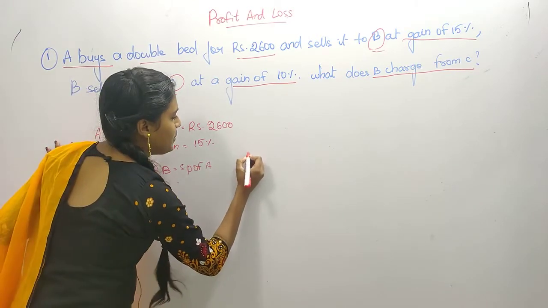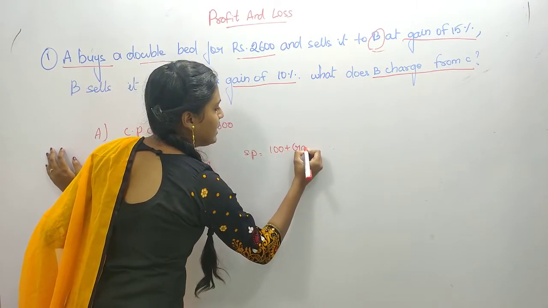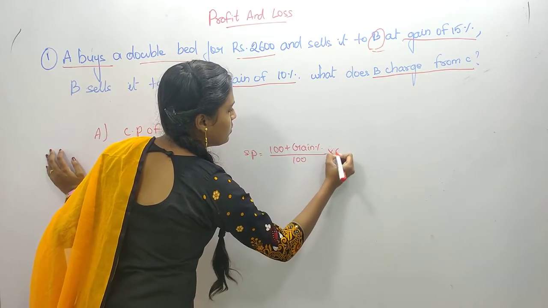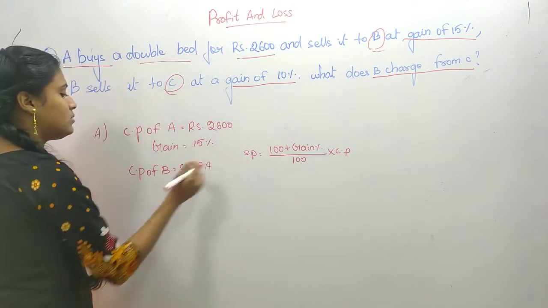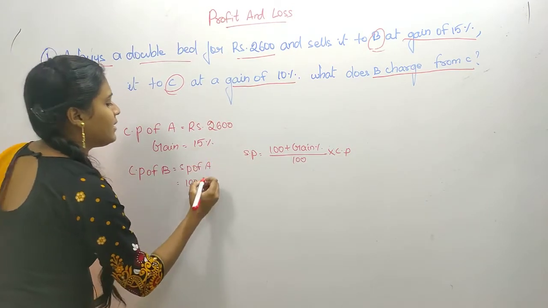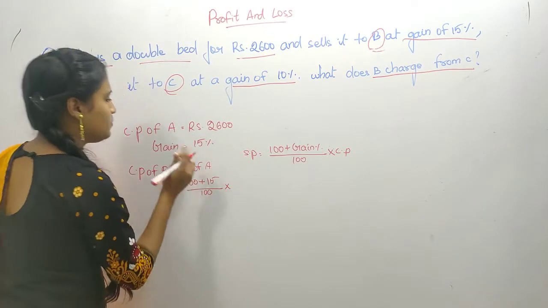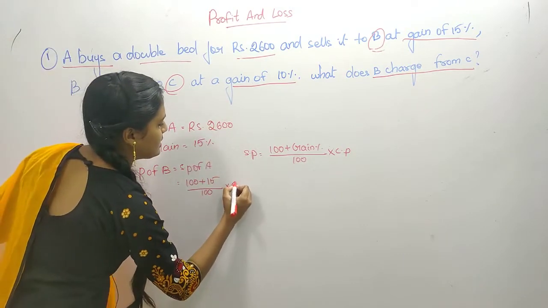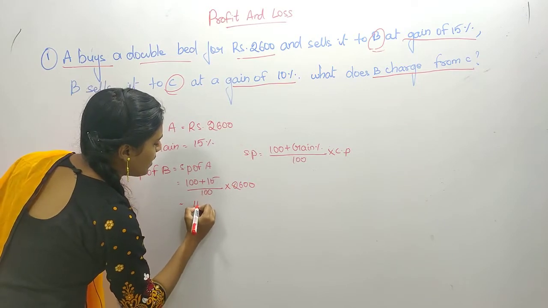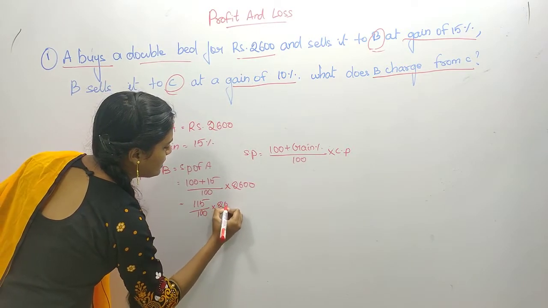Use this formula. Gain percent is 15, so 100 plus 15 is 115, by 100, into cost price, which is 2600.